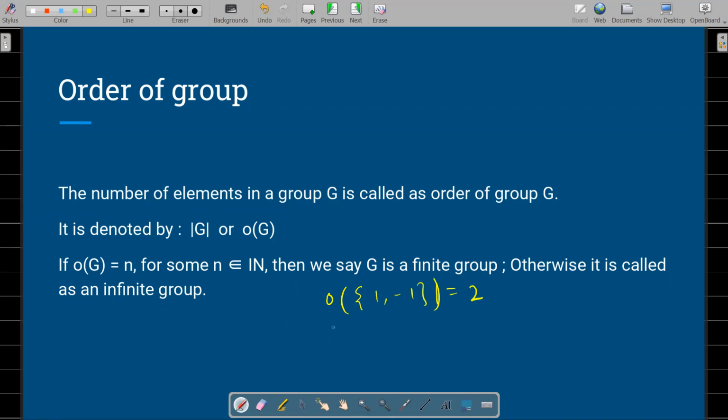So Z, Q, R, C, Q star, R star, C star are all infinite groups. The order is infinite, so we write that the order of G is infinite. And many times results for finite and infinite groups will be different.